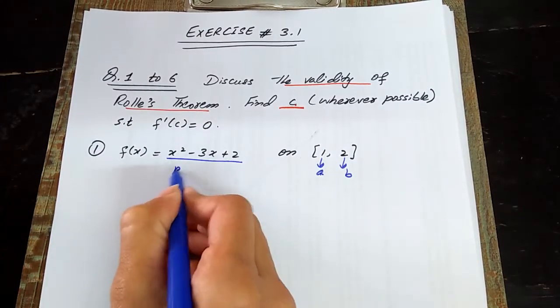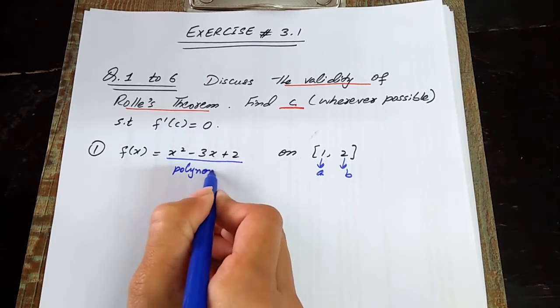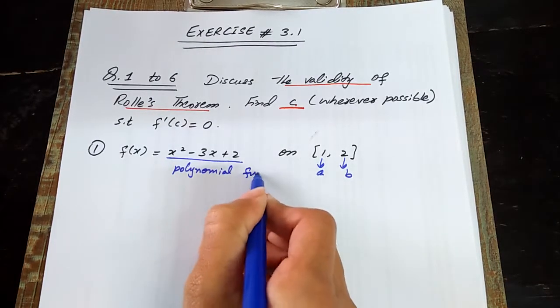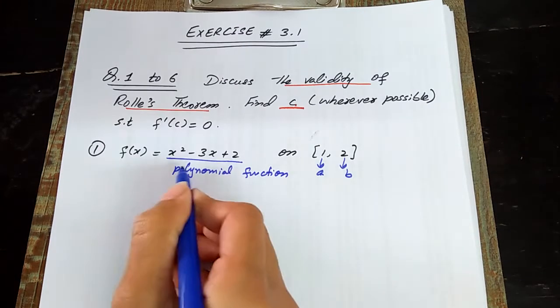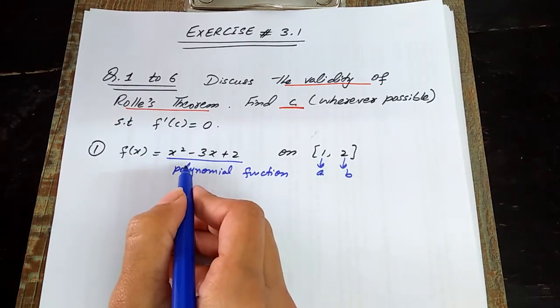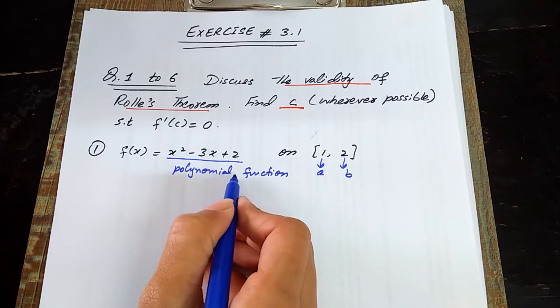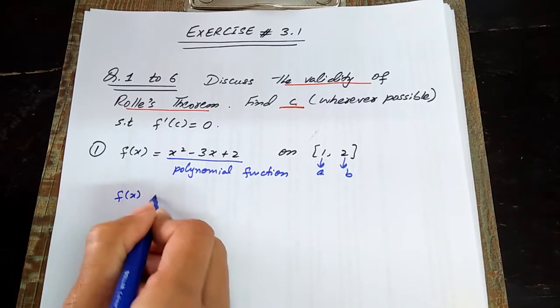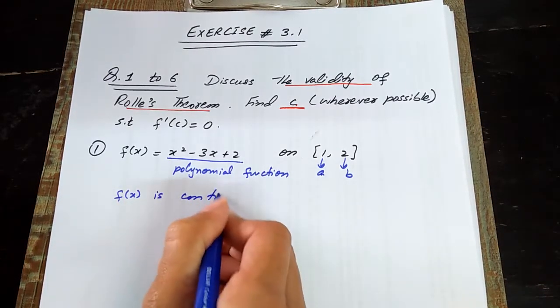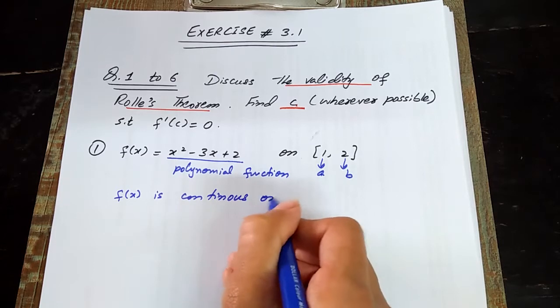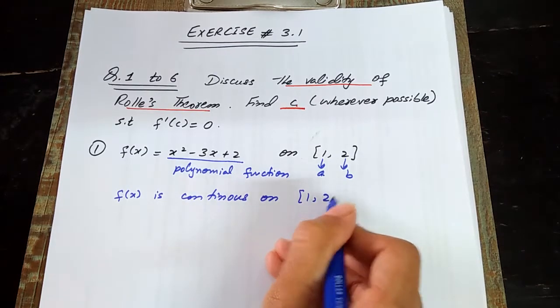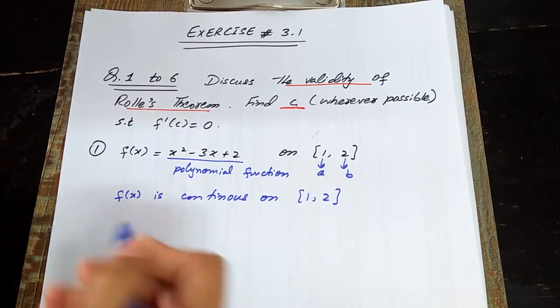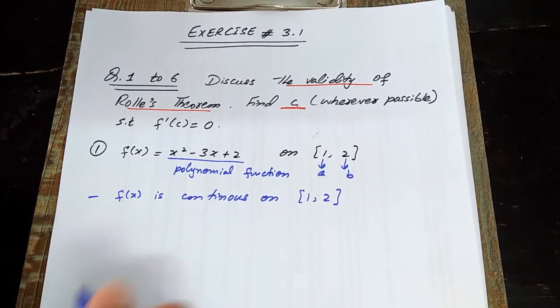This is a polynomial function. A polynomial function is always continuous on every real number. So we can directly say that f of x is continuous on this closed interval [1, 2]. This is our first postulate.